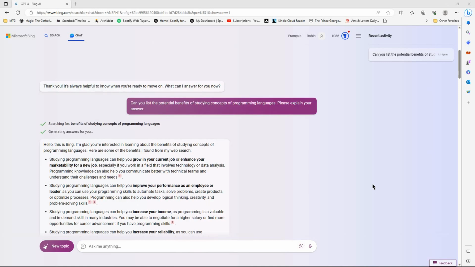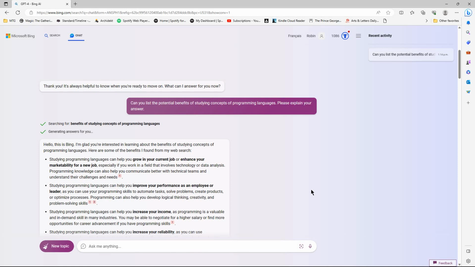And so if you look down, I've pre-run this just to save time. You'll notice that in actual fact, although it's clearly restated, it says, I'm glad you're interested in learning about the benefits of studying concepts of programming languages. Here are some of the benefits I found on the web. Well, in actual fact, when you look at it, and we'll do the reveal in a moment when we look at the links, it's then reverted to saying, oh, these are the benefits of studying programming languages.